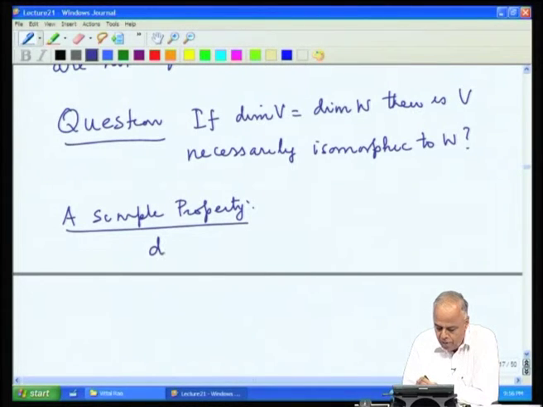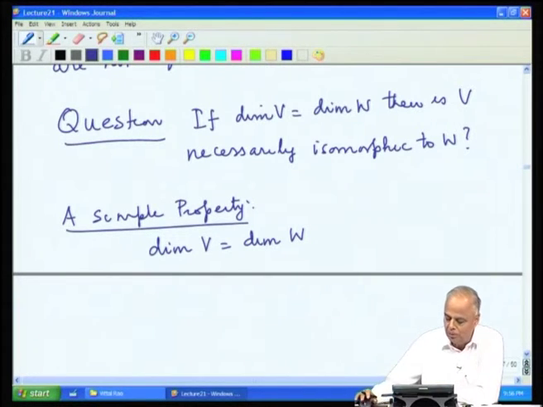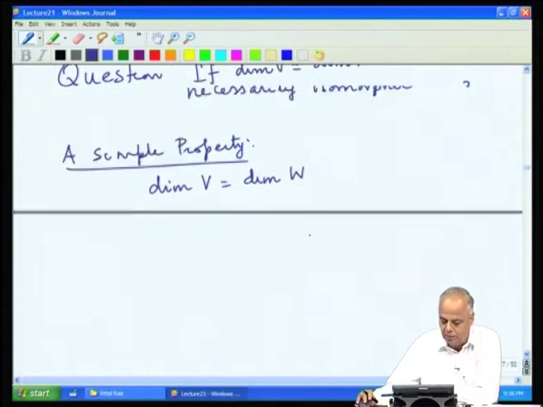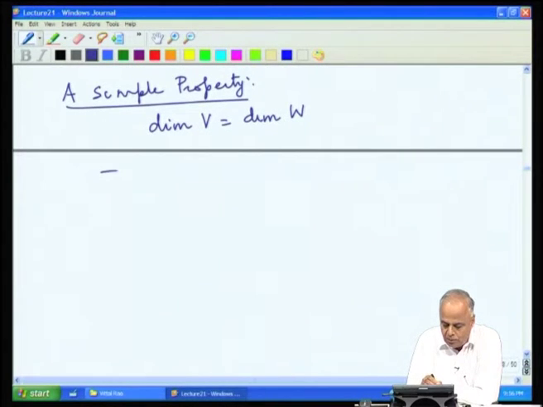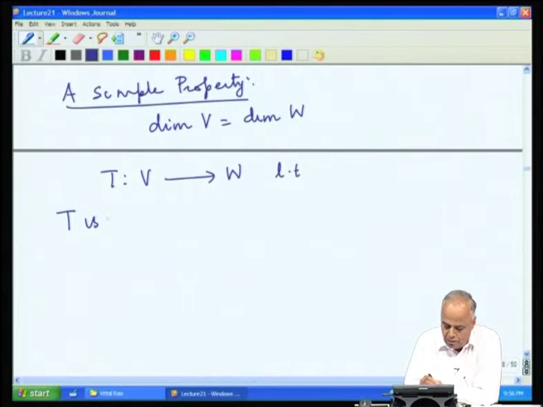So, again we start with dimension of V equal to dimension of W, because there is no hope of an isomorphism if dimension of V is not equal to dimension of W, and suppose T is a linear transformation from V to W. Now, suppose T is onto.